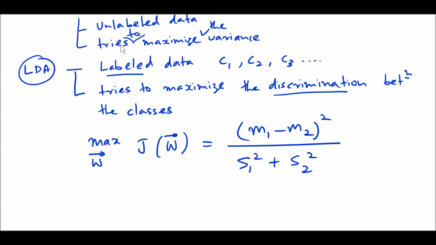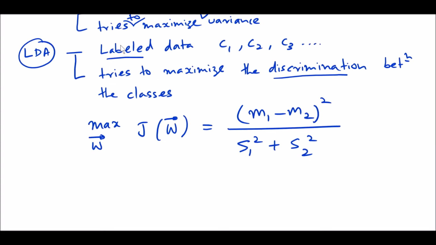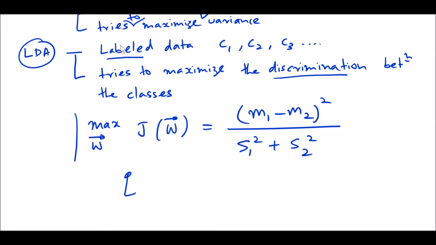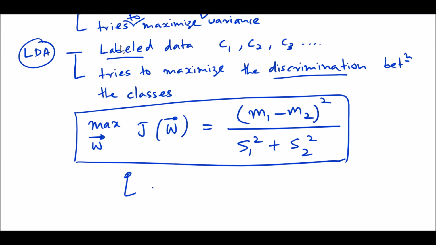We will come to what these things are in a minute. So this is the generic equation. Sometimes we call this the Fisher LDA, the Fisher discriminant, or the Fisher linear discriminant objectives.